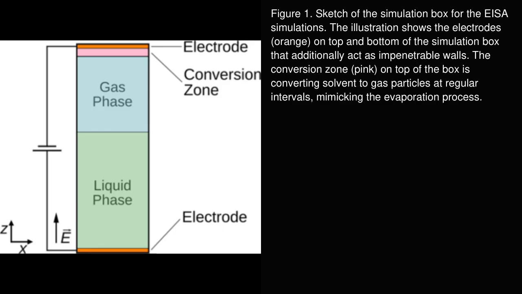The topmost region of the box, colored pink in the illustration, represents the conversion zone in which solvent particles are regularly converted into gas particles, effectively modeling the solvent evaporation process. This dynamic reduction of solvent concentration creates a gradient that drives microphase separation within the film.